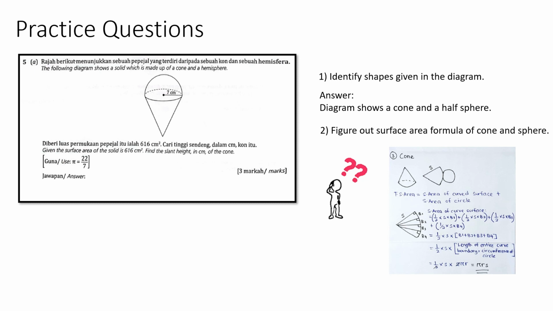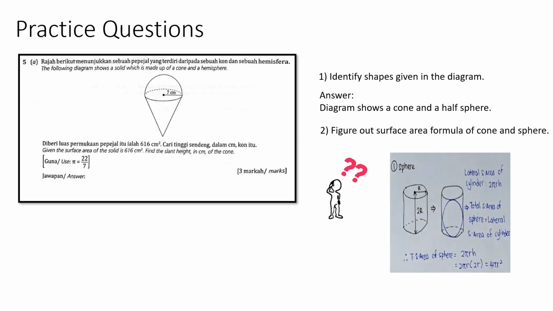This pi rs over here is referring to the curved surface of the cone, and then for the circle over here it will be pi r square. If you don't understand how we get the formula for the surface area of the cone, you can watch my previous video. I explained how to derive the formula to get the surface area of the cone and also the sphere.